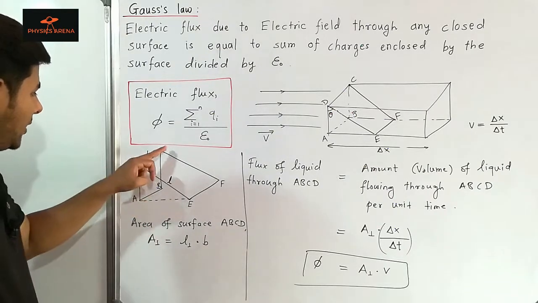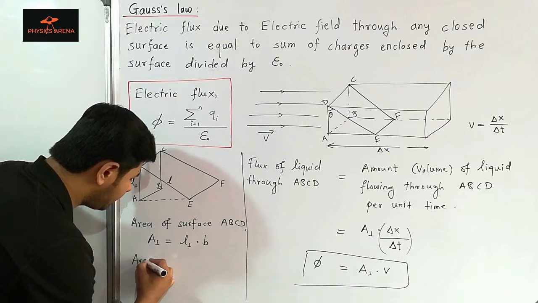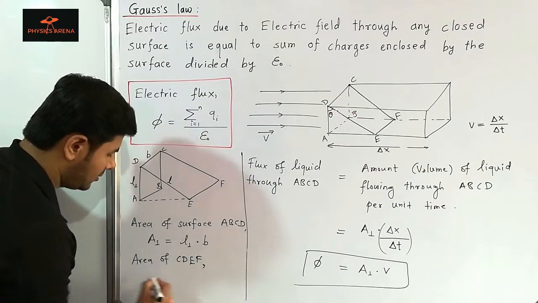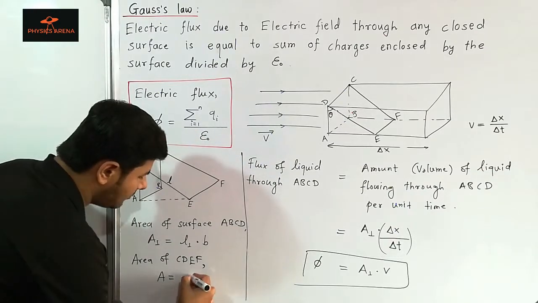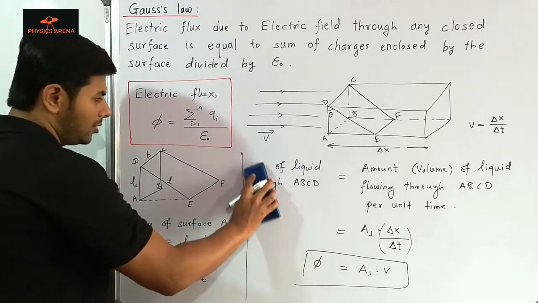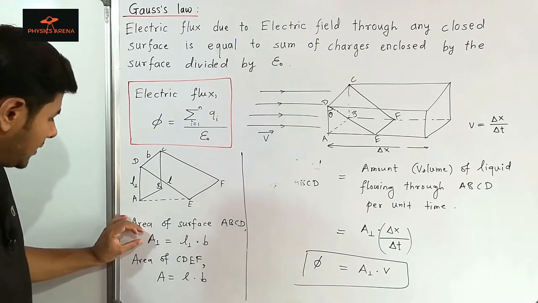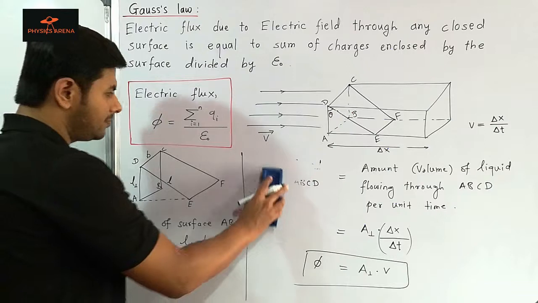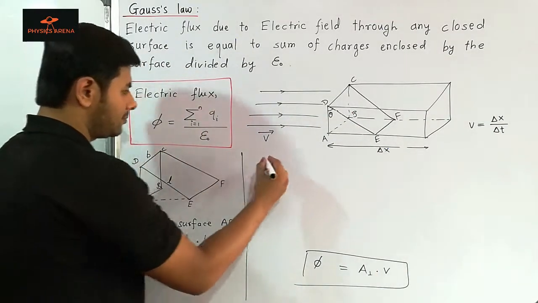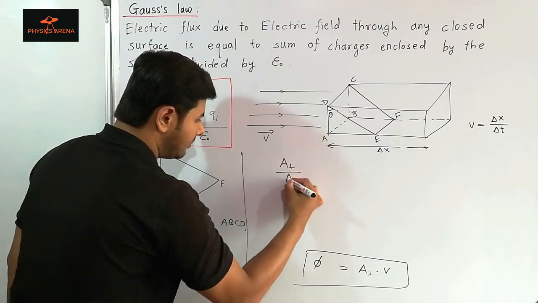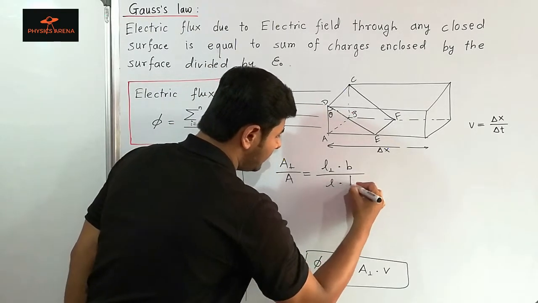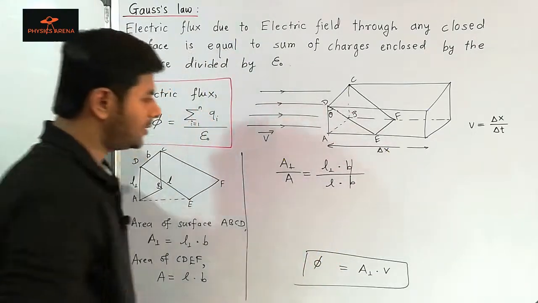And similarly we can find the area of CDEF. So the area of CDEF, let's call it just A, is equal to this L multiplied by B. Then we'll divide these two areas, A perpendicular by A. So A perpendicular divided by A gives me L perpendicular multiplied by B divided by L multiplied by B, and this B gets cancelled.